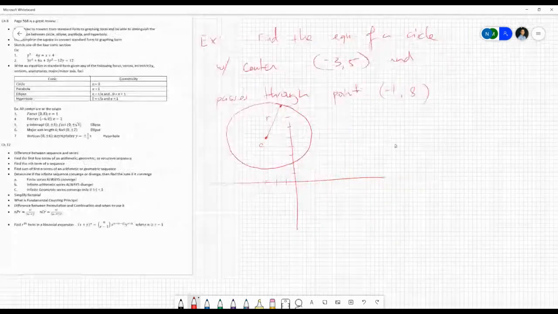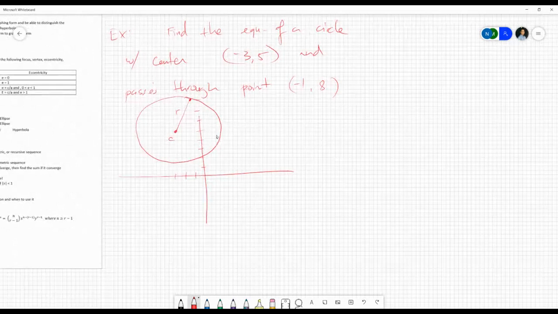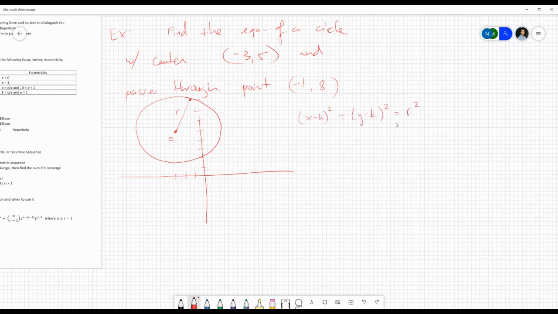Okay. So when we write our equation, we always write down what the general equation of the conic section is. So (x minus h) squared plus (y minus k) squared equals r squared. So what do we need to know in order to write our equation? We need to know h, k and we need to know what r is equal to. Well, h, k is already given to you here, so that's the easy part.